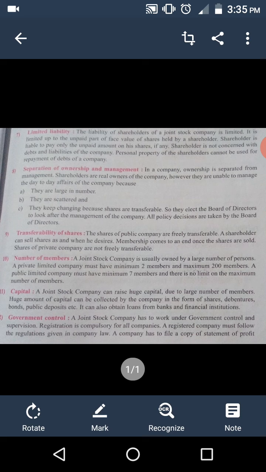All rules, the framework of the company, and the scope of business activities of the company are given in the memorandum of association of the company. This is the supreme document which is required to be prepared at the time of its registration.